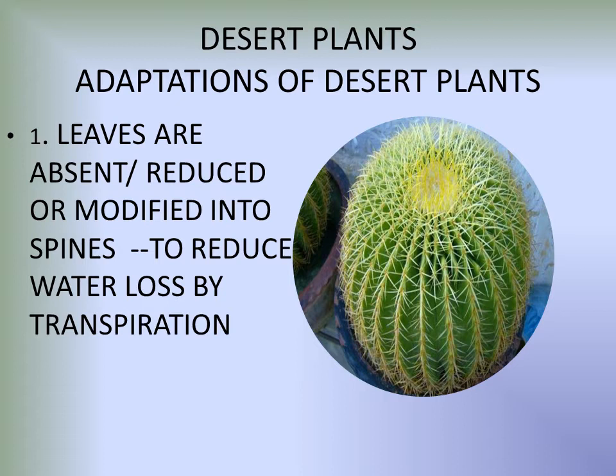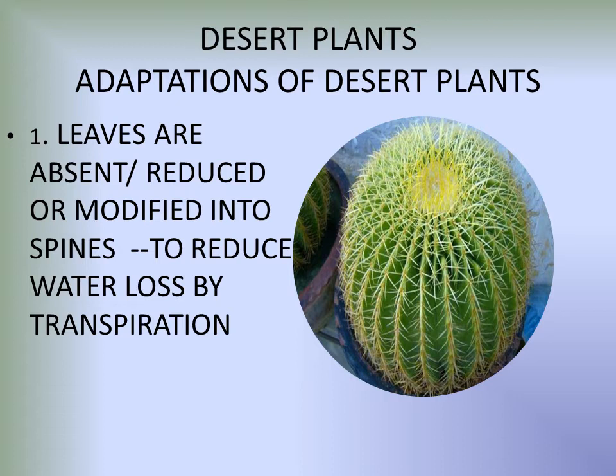Leaves are absent, reduced or modified into spines. Why so? To reduce water loss by transpiration. Because there is very little water, and transpiration loses water, so to reduce it we have spines.